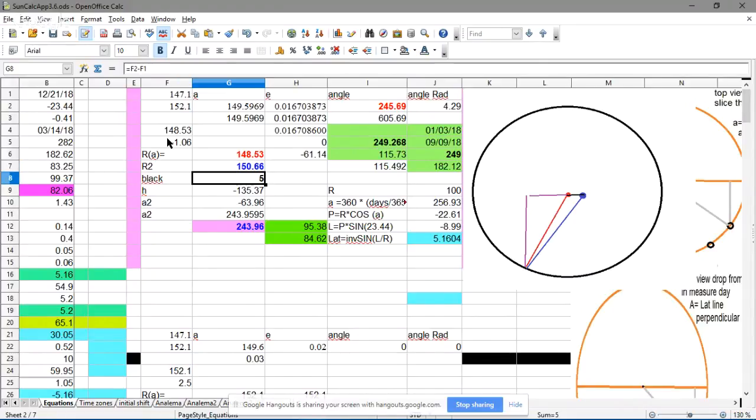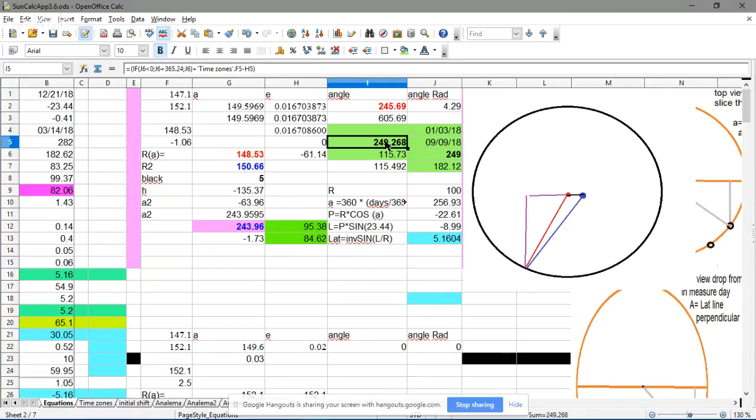And this black 5, this is 5 million kilometers, is this distance. So I use a bunch of equations, and then I get the blue angle. And you can notice here, this angle is 243, 245, and if we put another simple equation here, equal this one minus that one, the difference is minus 173 degrees.